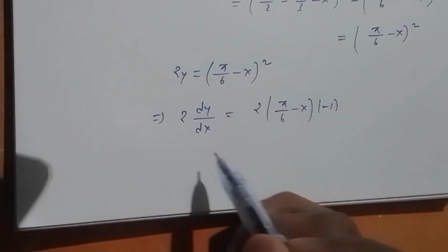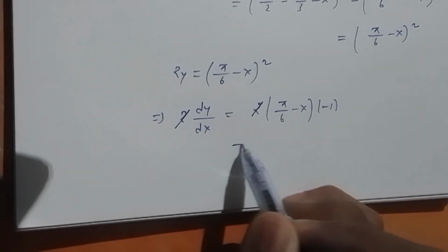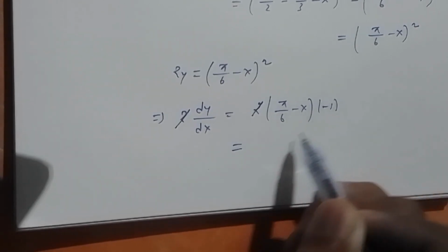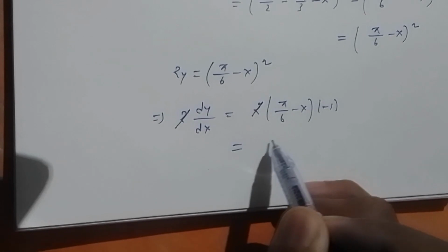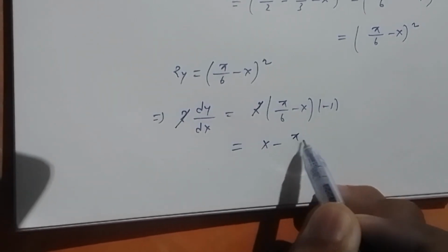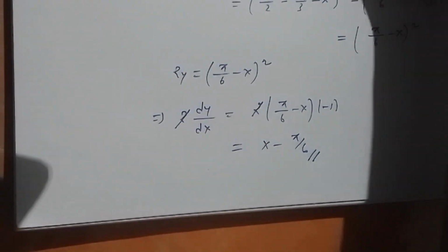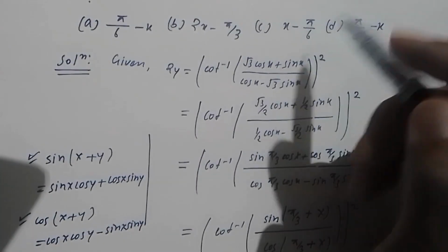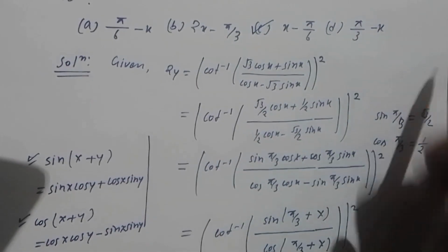The 2 and 2 cancel out, and here is left (pi by 6 minus x) into minus 1, and this minus 1 multiplied with these terms converts it to x minus pi by 6. So from here we have C as the right answer of this question.